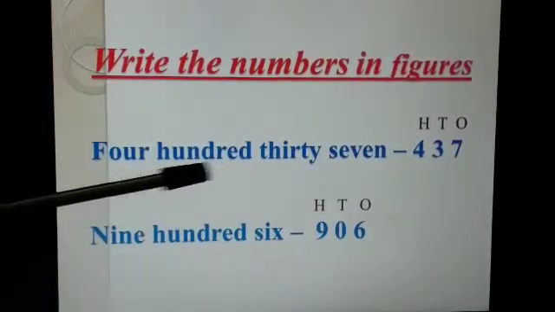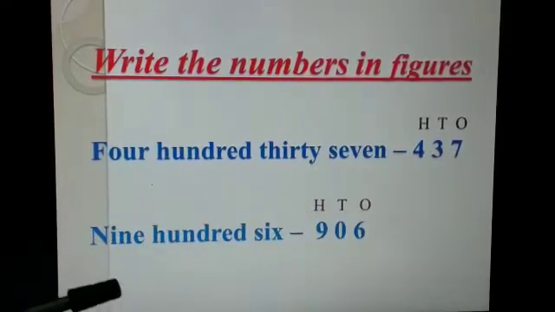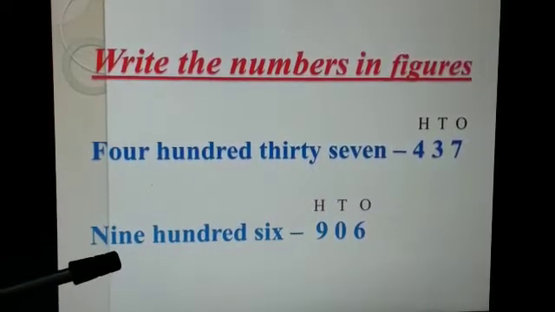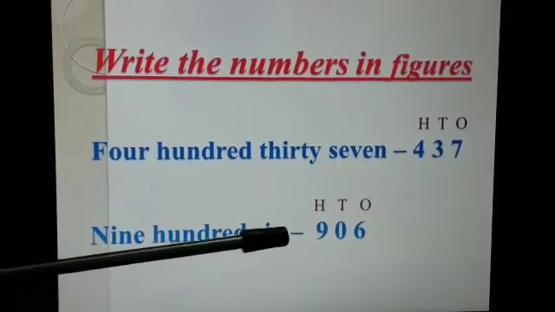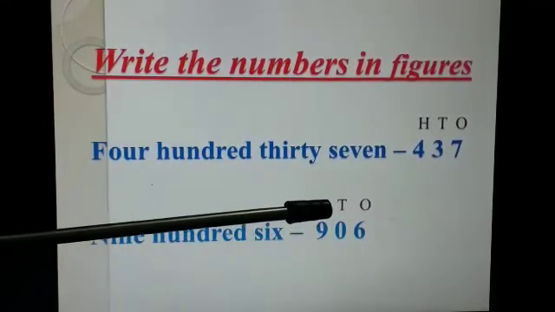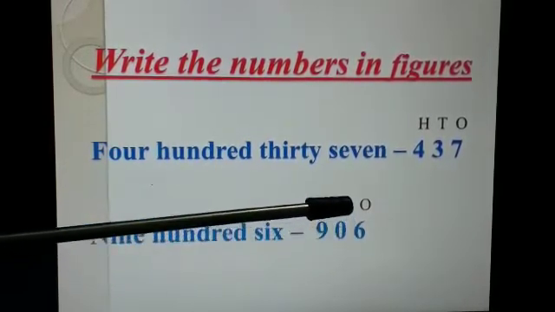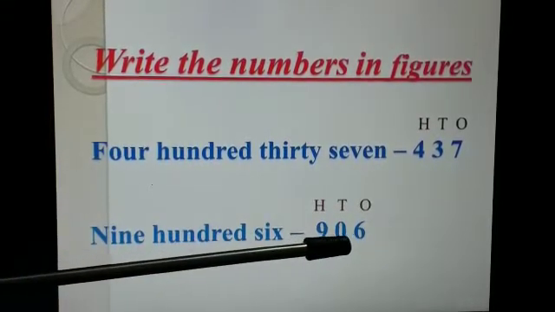So, we will write the number 437. Our next number name is nine hundred six. In this number, 9 at the hundreds place, 0 at the tens place and 6 at the ones place. So, the number will be formed 906.